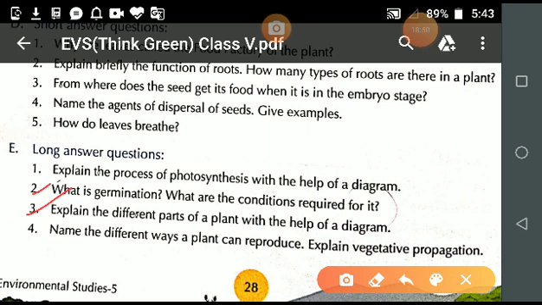Roots attach the plant to the ground. Roots absorb water and nutrients from the soil. Roots hold the soil, and in some plants roots also store extra food.